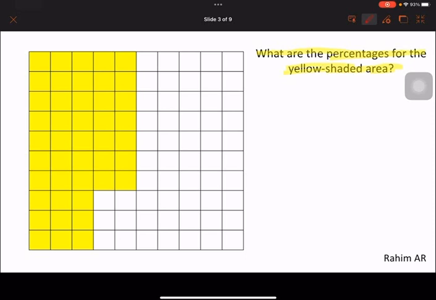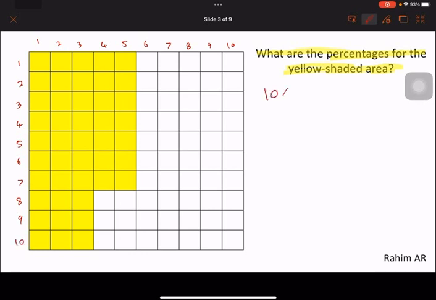So right now, we can see that we have 1, 2, 3, 4, 5, 6, 7, 8, 9, 10 columns, and we also have 1, 2, 3, 4, 5, 6, 7, 8, 9, 10 rows.